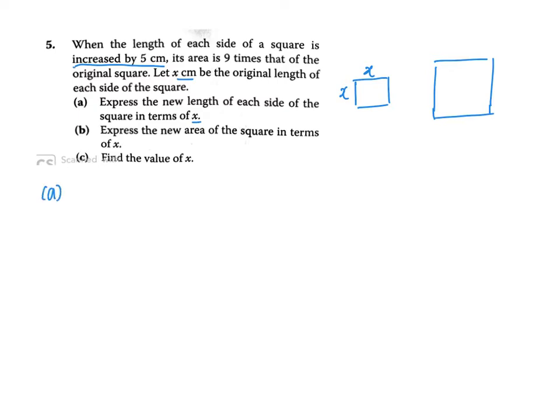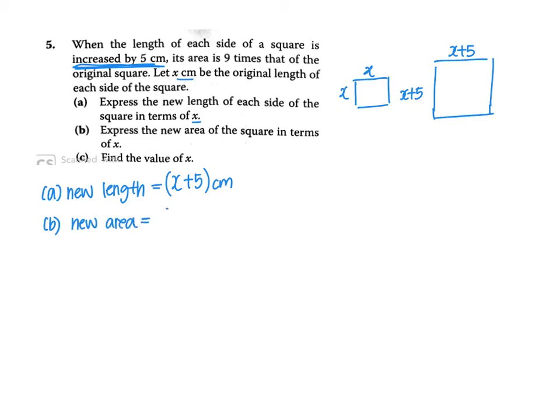So now the new length of each side of the square will be, I take the original x, I increase it by 5. So it will be x plus 5 cm. So x plus 5, x plus 5. Now express the new area of the square in terms of x.